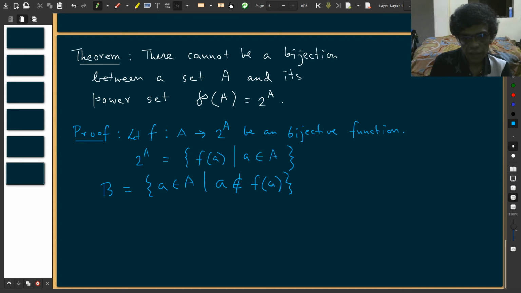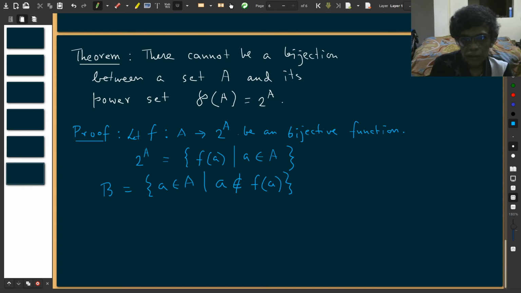So, f of a is a subset of A. If a is not contained in that subset, I will include a in B. Otherwise, if a is in the subset f of a, then I will not include it. Okay. Now, let us see how this leads us to a contradiction.